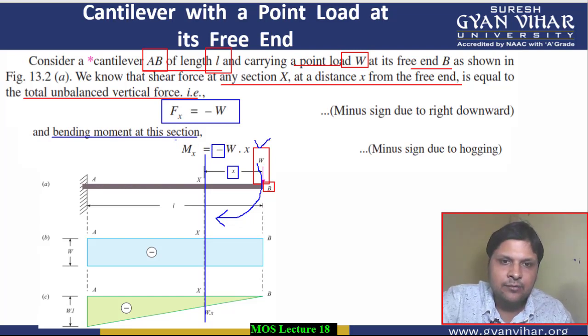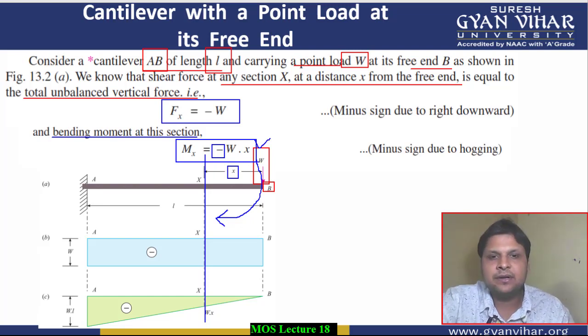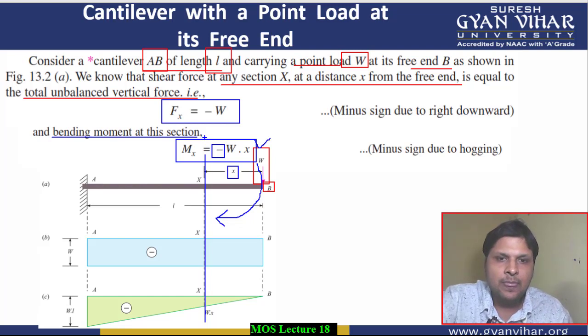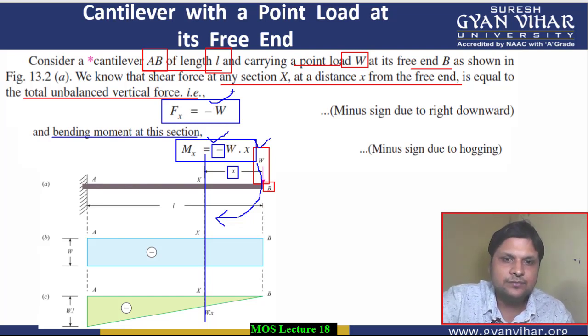This means that bending moment is equal to load into distance. Only one load is here, that is W, and the distance is x. With the negative sign, since it is in clockwise direction, it will be equal to minus W into x. Mx is equal to minus W into x. This is the bending moment, and this is the shear force.